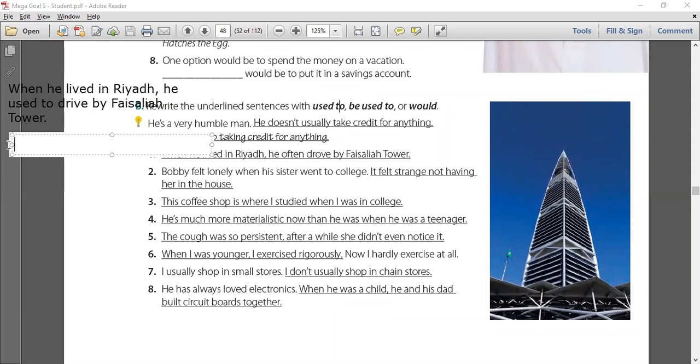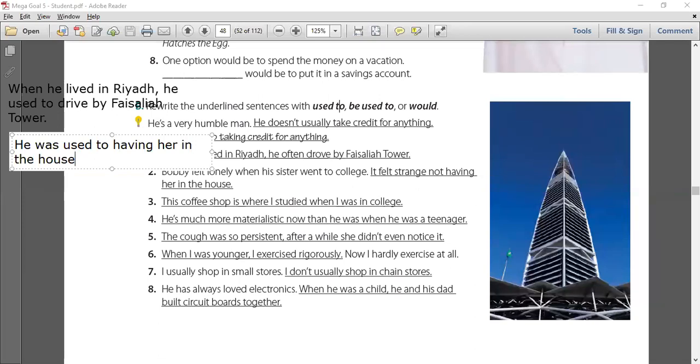He was used to having her in the house. Can we say that?